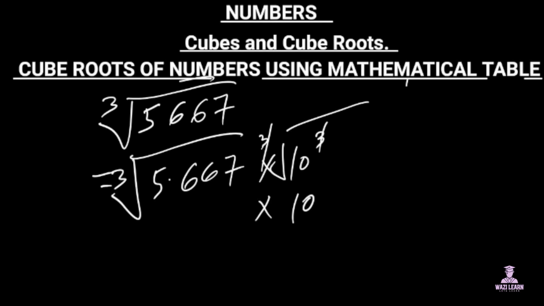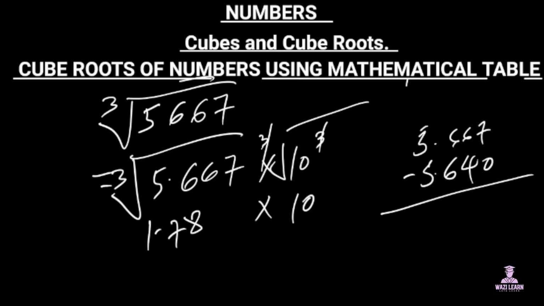So it will be at 1.78, where at 1.78 we have 5.64. So we subtract that one from 5.667. When you subtract that one, you get 27. So you move across in your add column to look at where 27 is.